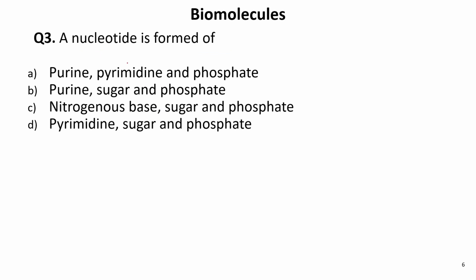Next question. Nucleotide is formed of purine, pyrimidine, and phosphate group; purine, sugar, and phosphate group; nitrogenous base, sugar, and phosphate group; or pyrimidine, sugar, and phosphate group. Purine and pyrimidine are both nitrogenous bases, the two different types of nitrogenous base.